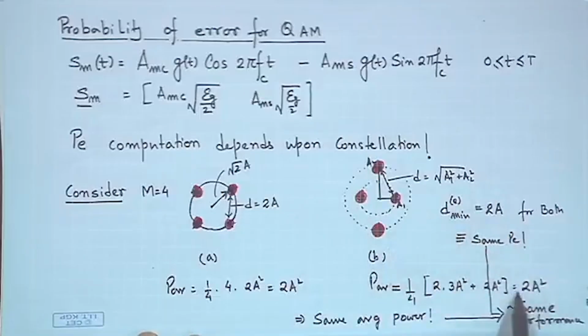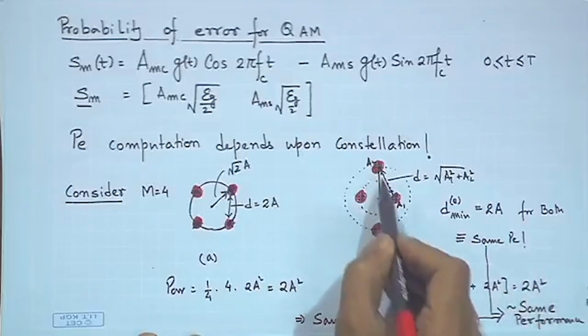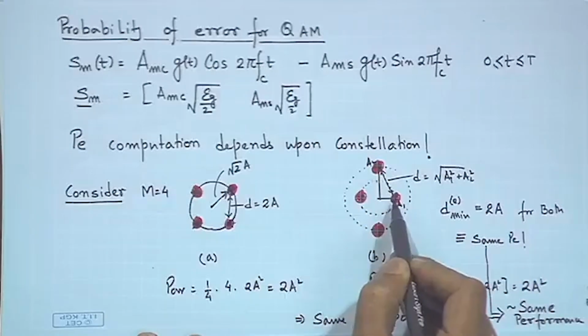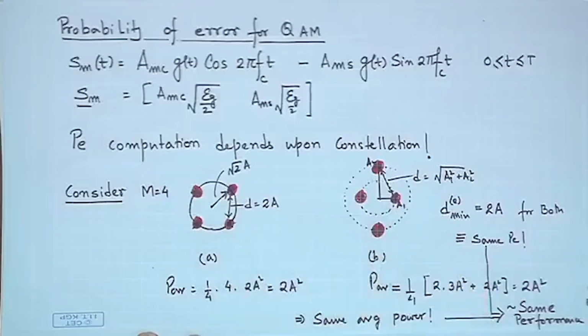Again, the average power would turn out to be 2a squared. Now, since the minimum distance is the same and average power is the same, there should be no difference in terms of error performance. So, if you plot the probability of error versus signal to noise ratio for these two, they will turn out to be the same, right. So, as you increase the SNR, the error probability will decrease in the same fashion.